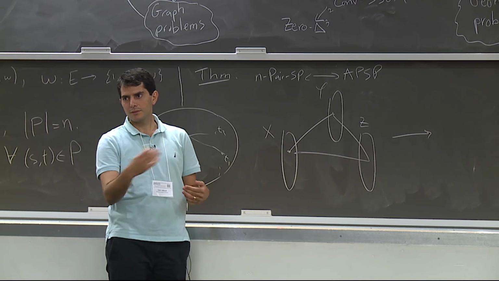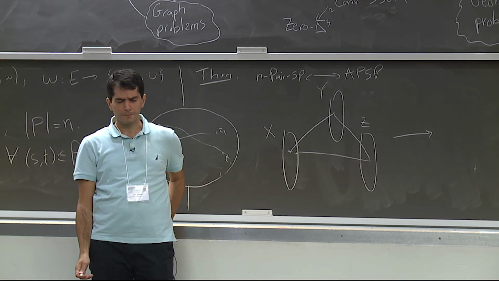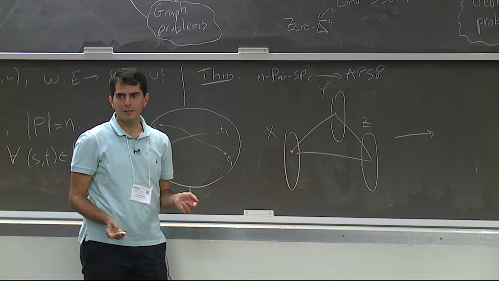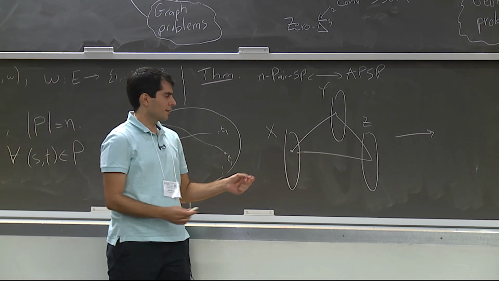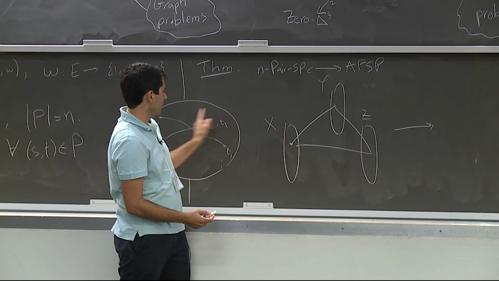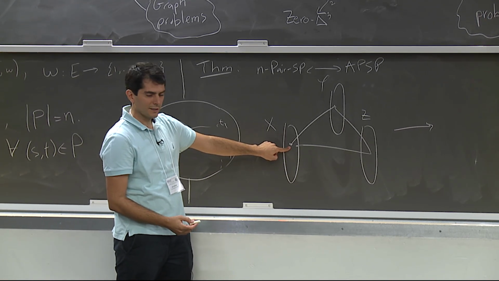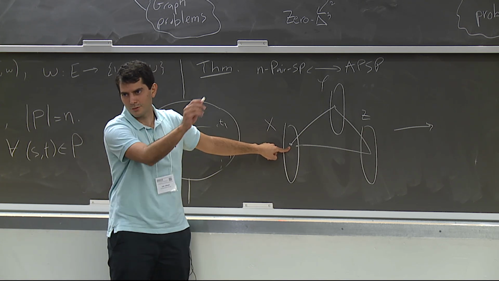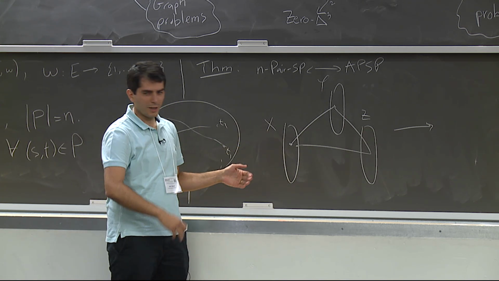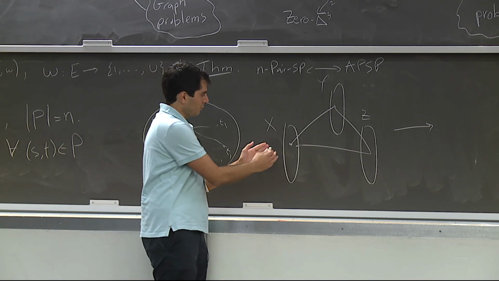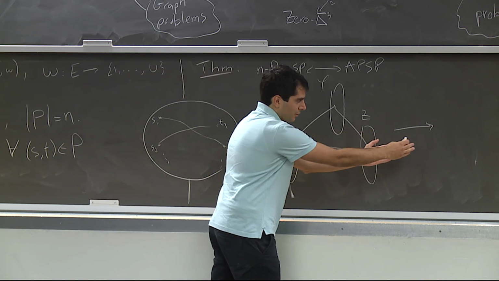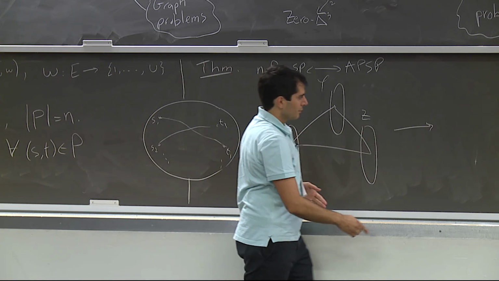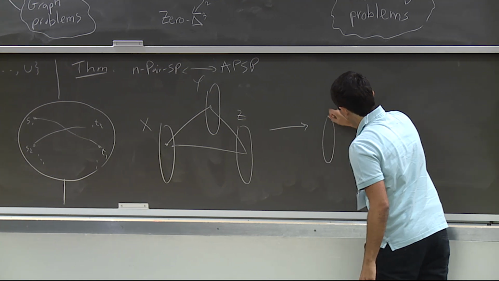If you find the minimum, you also know if it's negative or not. So you're trying to find a cheap path from a node to itself. But just asking for Si and Ti being the same node doesn't work. I mean, the distance from a node to itself is 0. So we have to do what he said: make another copy and then force the path to go through another layer.